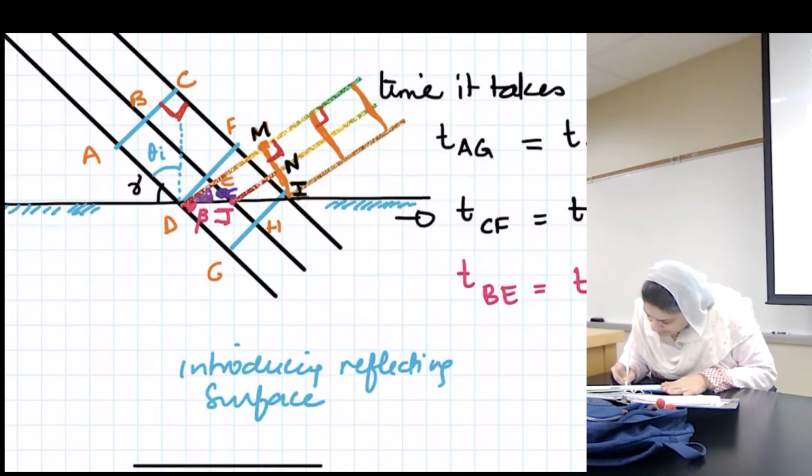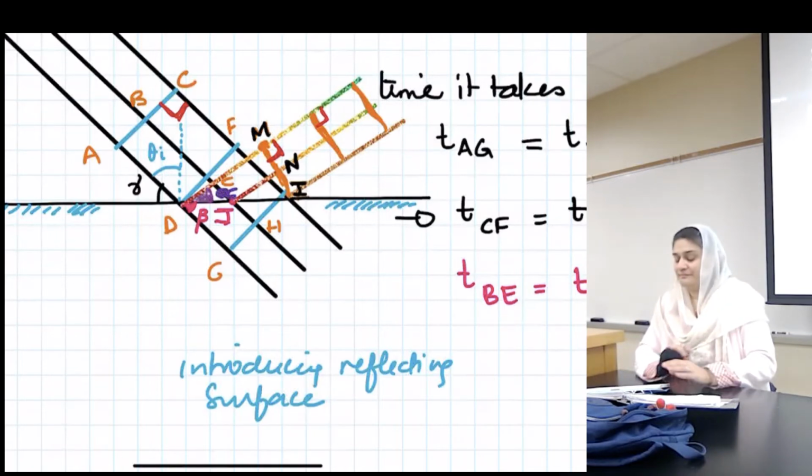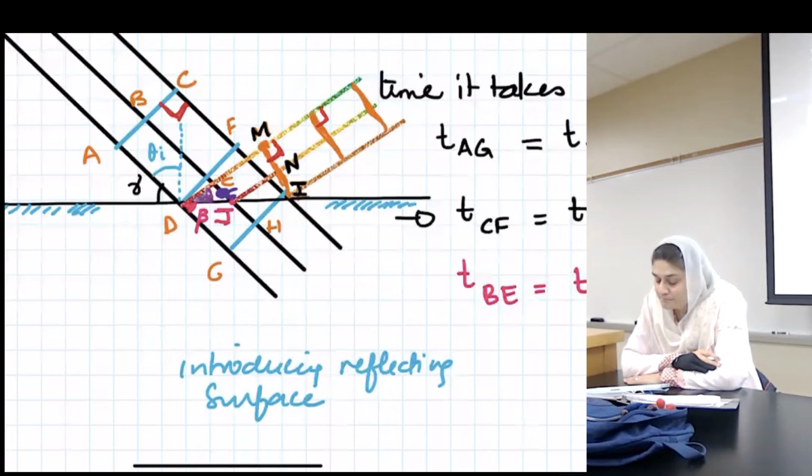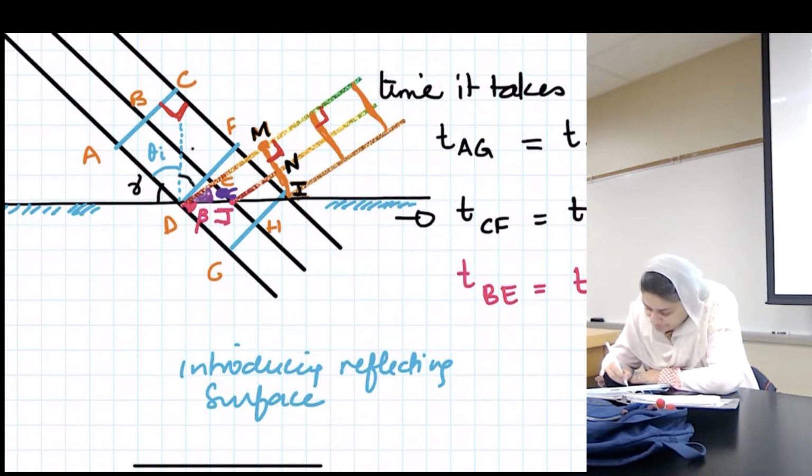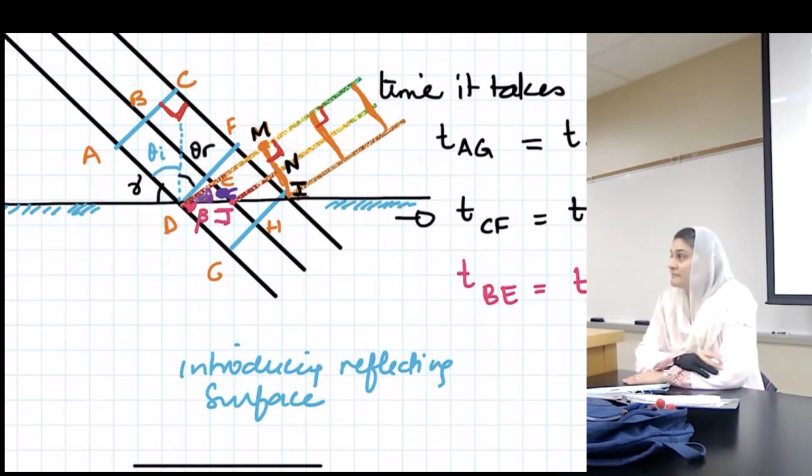This angle is alpha, this is beta, that is gamma. And I'm going to call this angle my theta reflected.